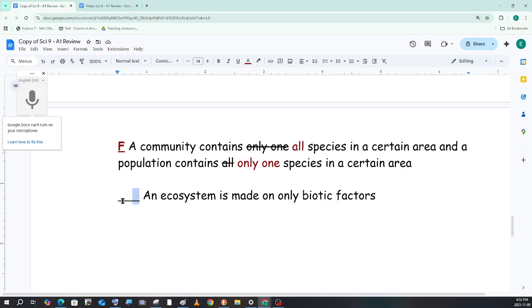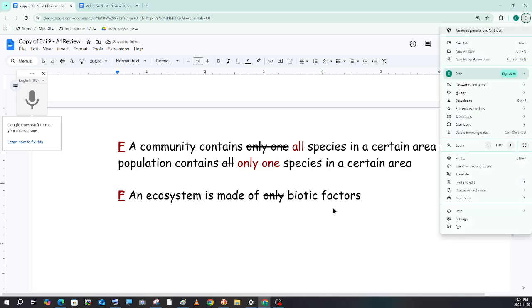Okay, and then finally, we have an ecosystem is made of, that should have been of, sorry about that. An ecosystem is made of only biotic factors. False once again. All right, so to make it true, we'll take out the word only, and we'll add these two words: abiotic and, because it has both abiotic and biotic factors.